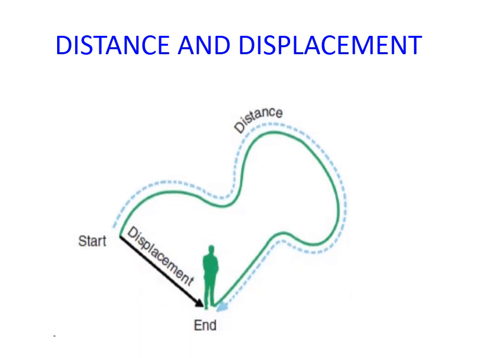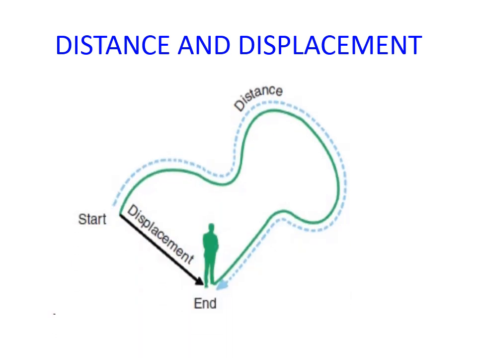Before we make a definition for distance and displacement, first we will see the figure below. In this figure, we see that the man moved from the start point until the end. And in this figure, there are two lines.